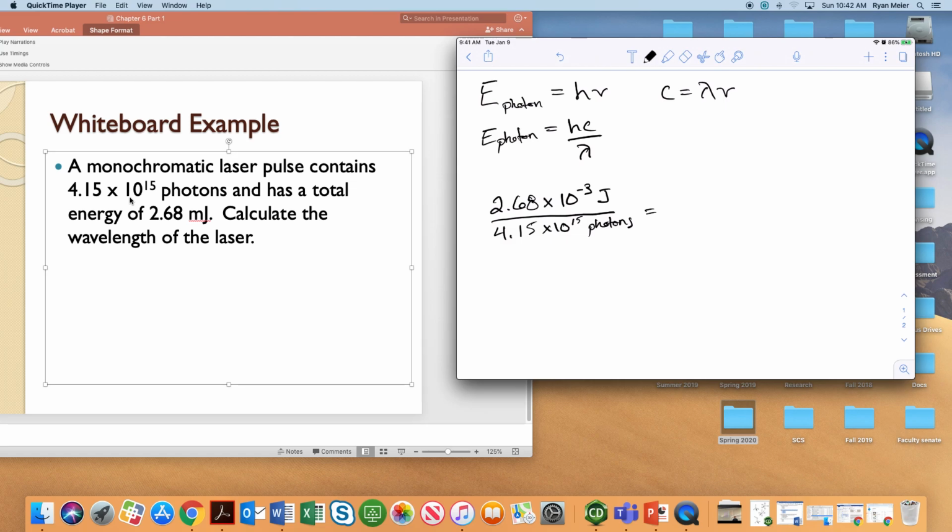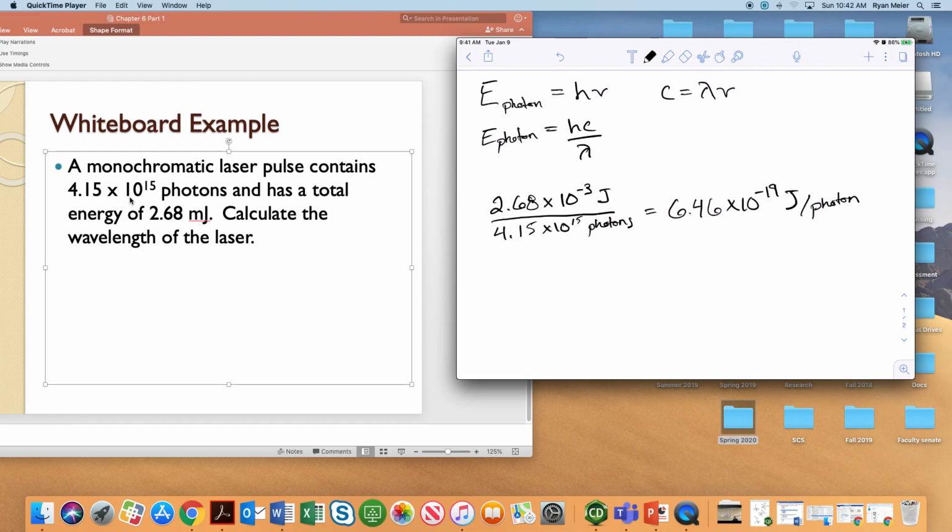And if I divide that out, I have this number sitting in front of me. That's about 6.46 times 10 to the minus 19 joules. So this is the energy per photon, is the way to think about that.